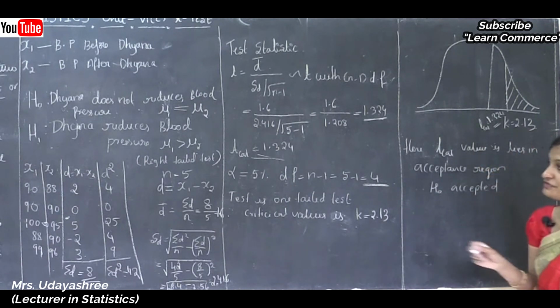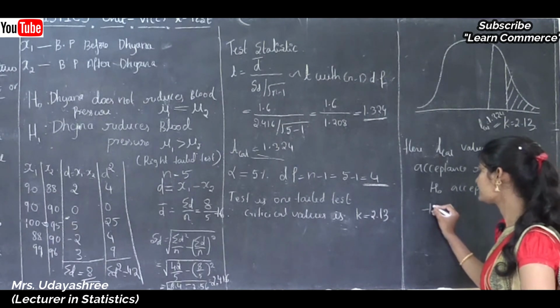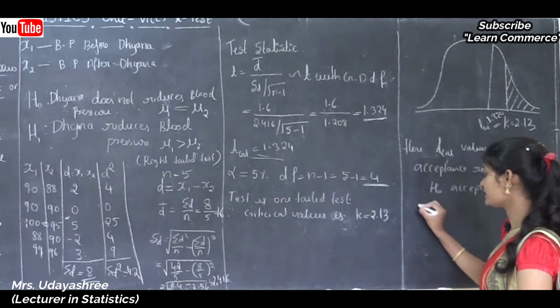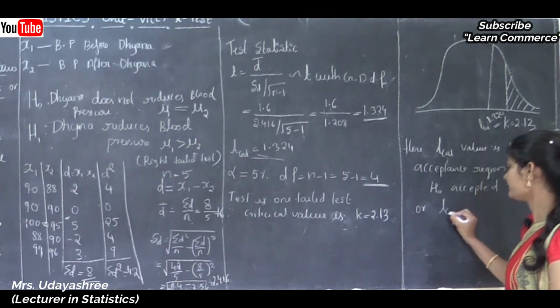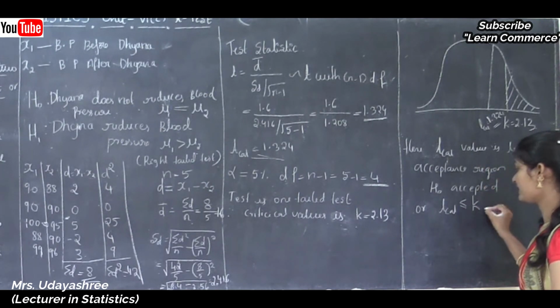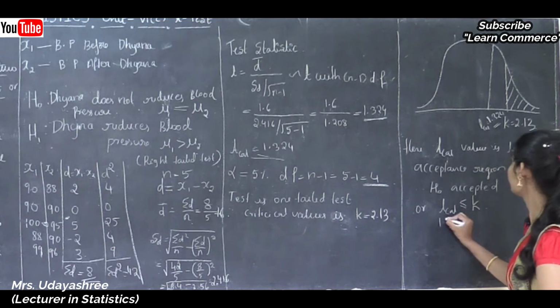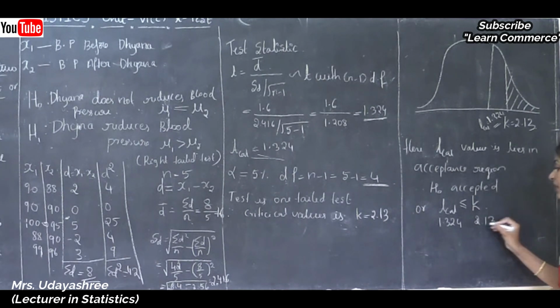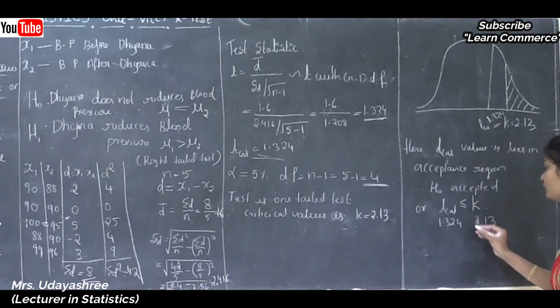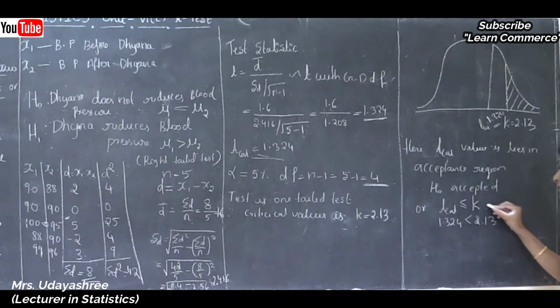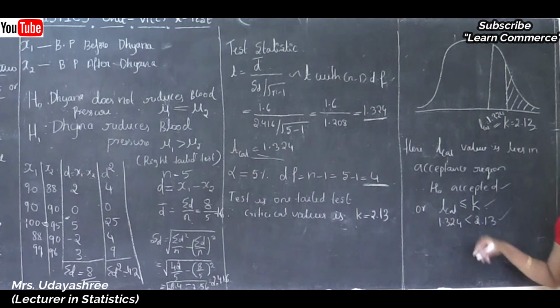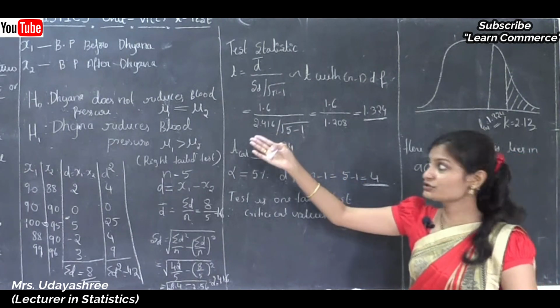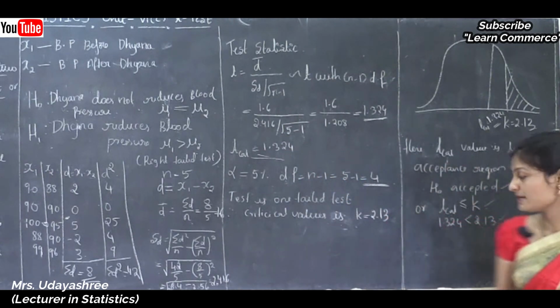We have the condition for a right tail test: calculated value less than or equal to K. Here the calculated value is 1.324 and the critical value is 2.13. Since 2.13 is greater than 1.324, the condition is satisfied. If the condition is satisfied, we can say H not is accepted.